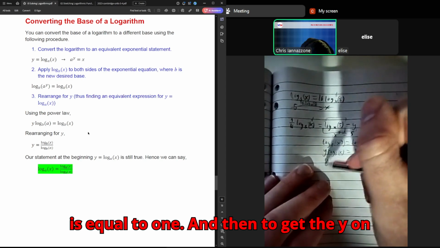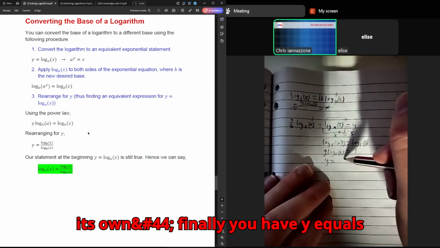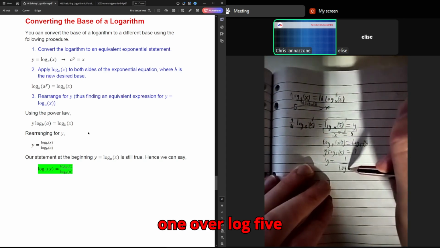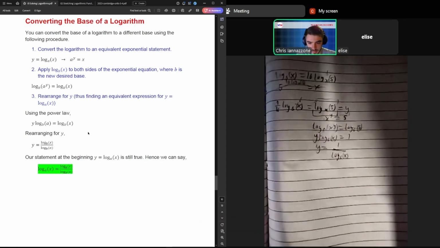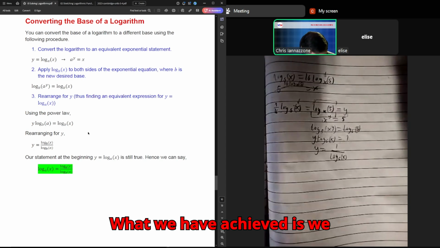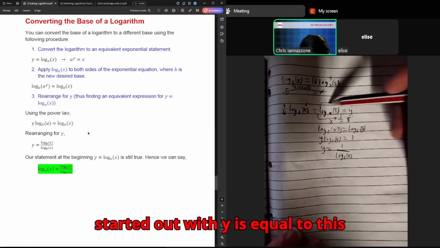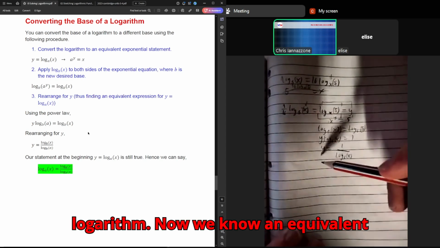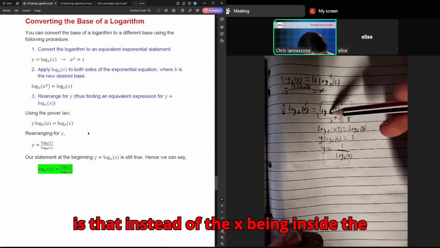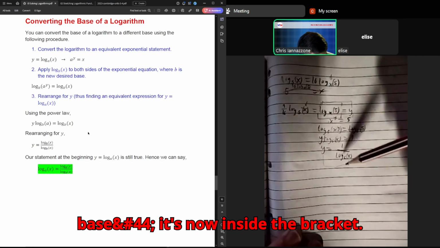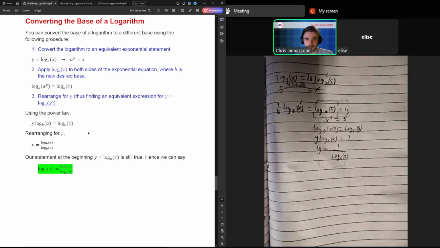And then to get the y on its own, finally you have y equals 1 over log 5 of x. So what we have achieved is we started out with y is equal to this logarithm. Now we know an equivalent logarithm is this. The major difference is that instead of the x being inside the base, it's now inside the bracket.